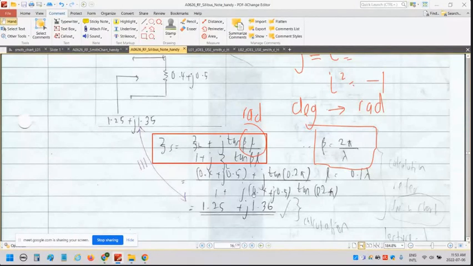Repeat again, what is the value? 1.3569. You change to two decimal place, what value you got? Yes, 1.36.